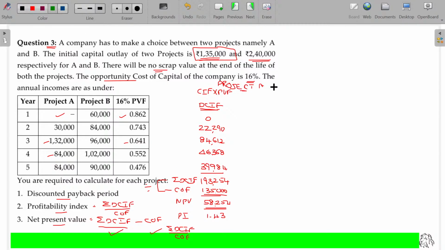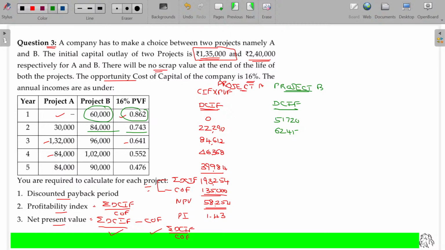For project B, in the same way, first let me finish calculating the discounted cash inflow. Cash inflow is multiplied by the PV factor here: 60,000 into 0.862, this value being 51,720. Next, 84,000 into 0.743, this value being 62,412.